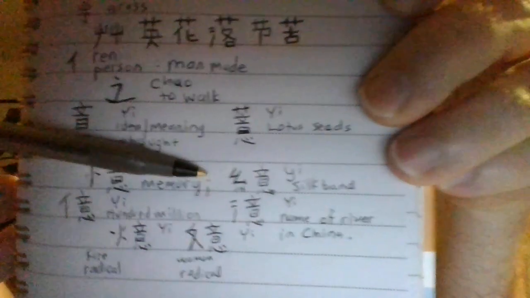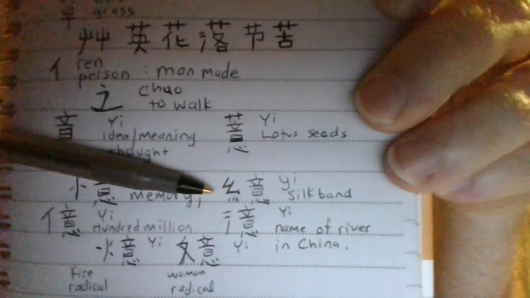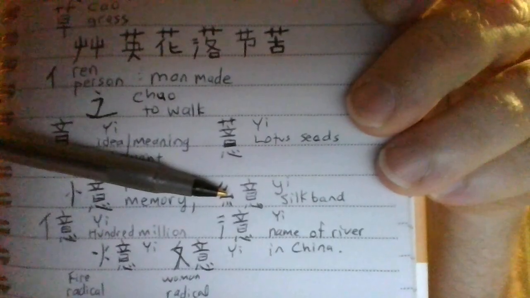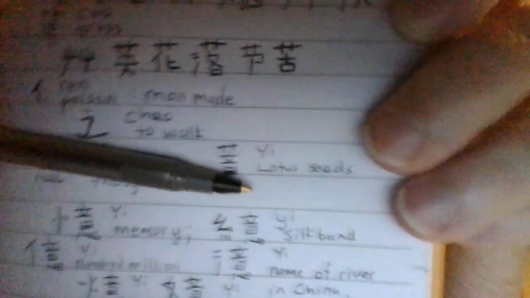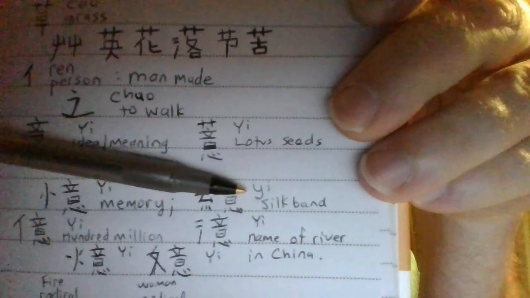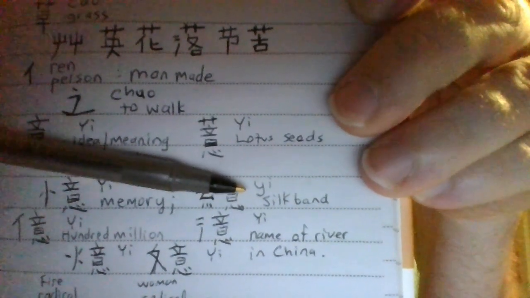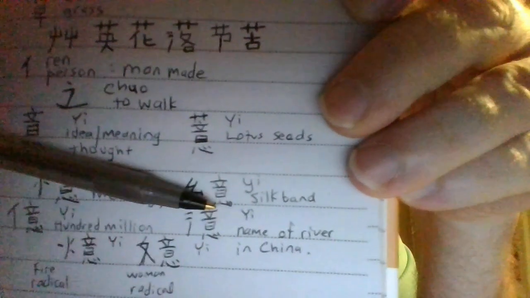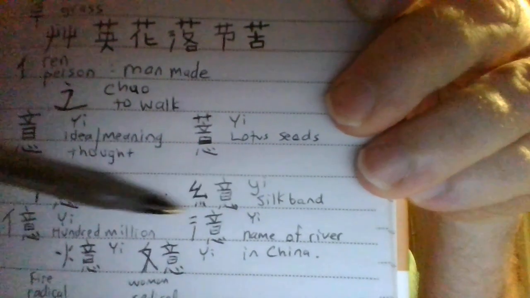Now we go over here. This one has a little yi on the right of it, the same yi as in meaning, and that changes it. The word is still yi. So in all of these, the pronunciation does not change. It is still yi. And this one means a silk band.